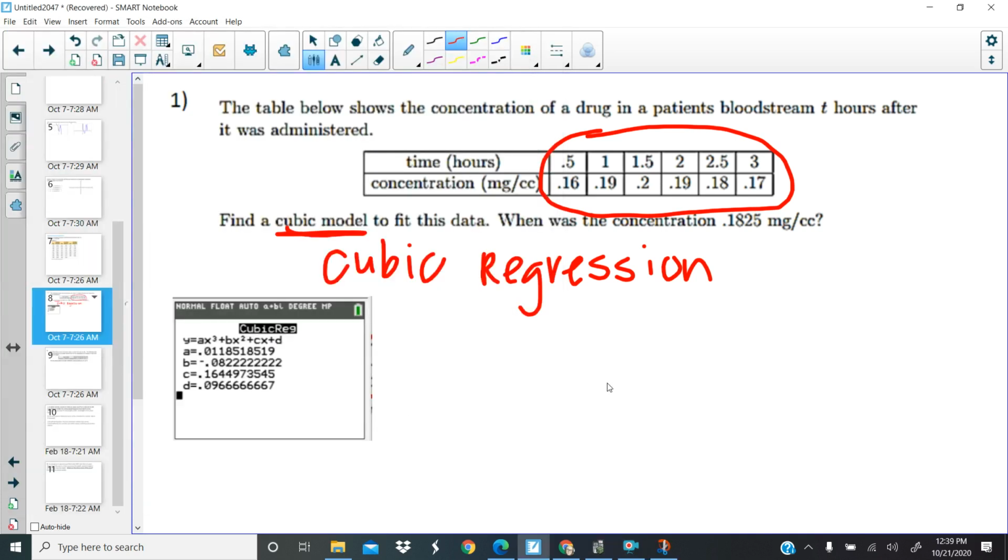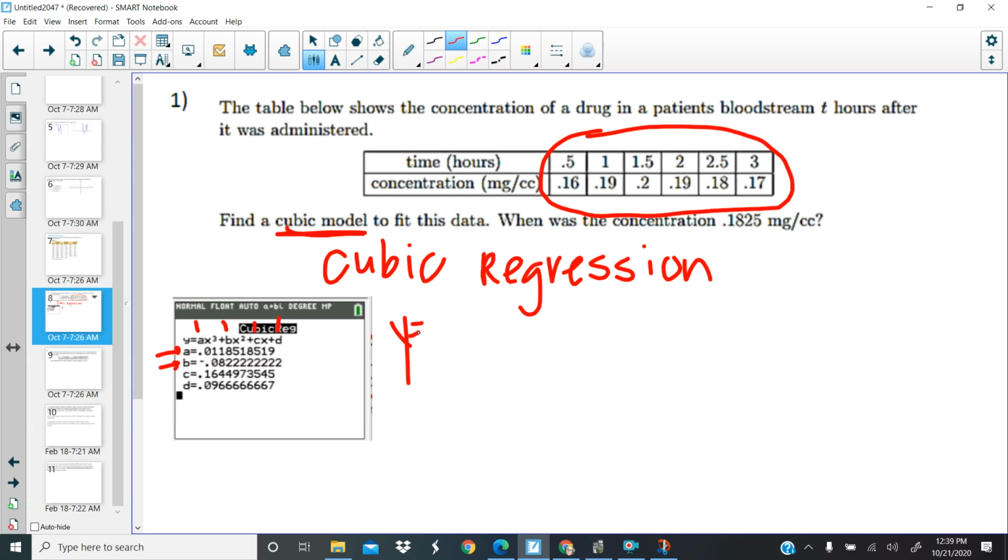Okay, so now I want to actually write out my equation. You see in here it has ax cubed plus bx squared plus cx plus d. I just need to fill in each of these letters in my equation, which is what I did verbally a second ago.